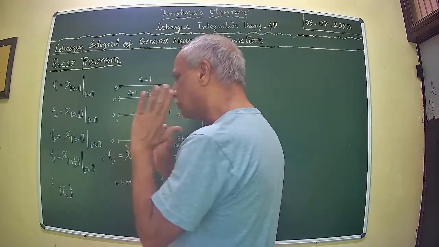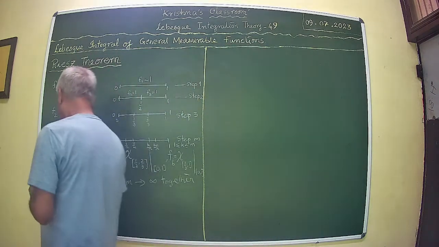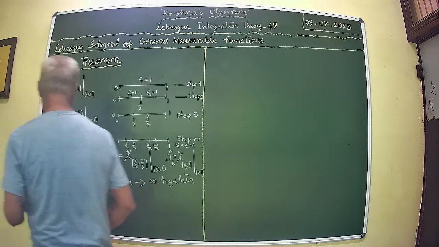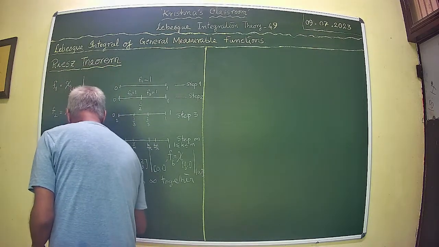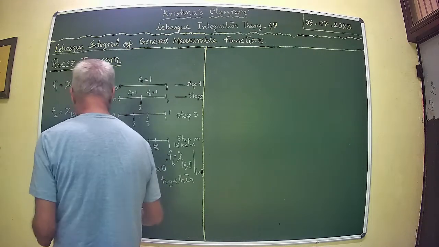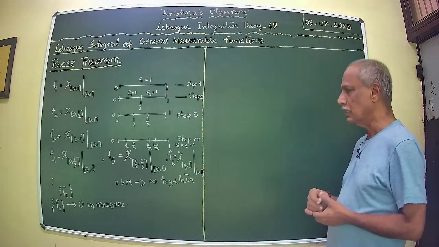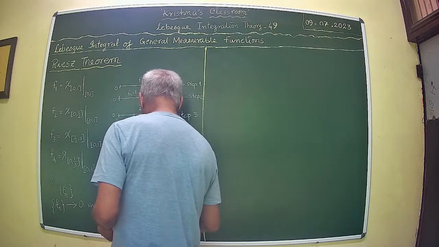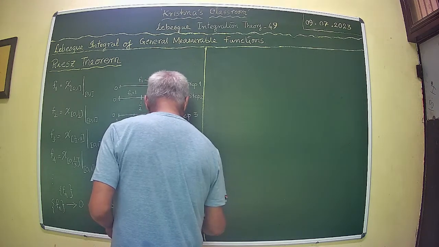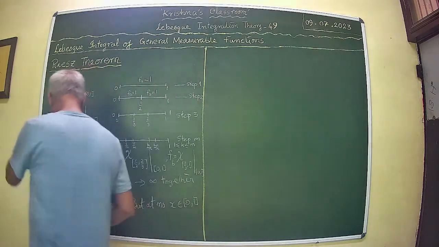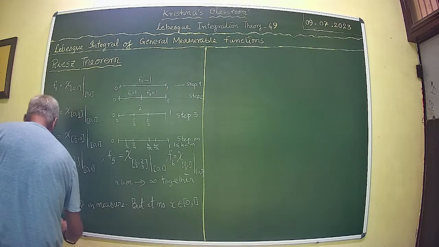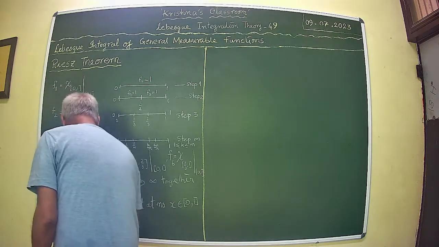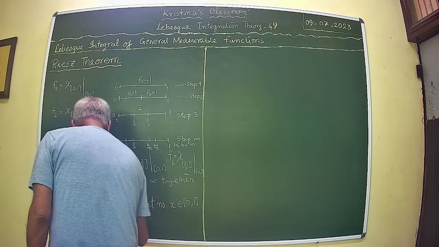Now what we have shown is the following: that the sequence converges to 0 in measure. But at no x does it converge pointwise.